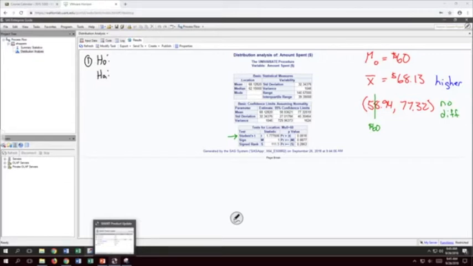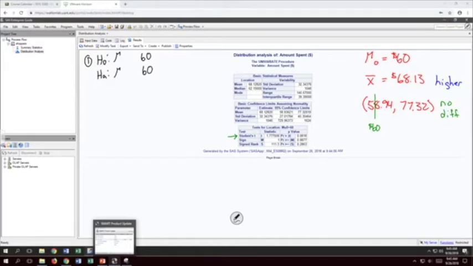So we're trying to figure out, is there a difference between the sample and the population? We're talking about means, so I know I'm going to have mu, this is my way of writing the Greek letter. And then we know we're going to use 60 over here. So the question is, what symbols are we going to use in the middle?